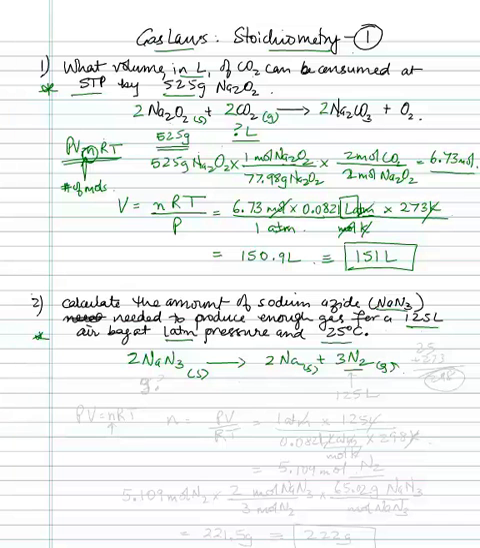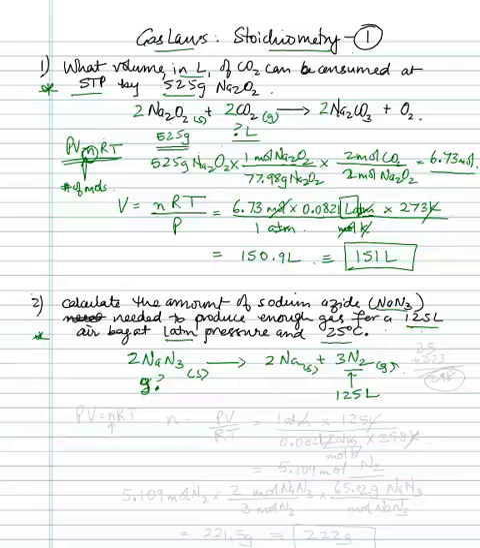So the question is, calculate the amount of sodium azide, which means we need the grams of sodium azide, because that's a solid, needed to produce enough gas for a 125 liter airbag. So the volume of nitrogen is 125 liters, because the volume of the container is the volume of the gas.